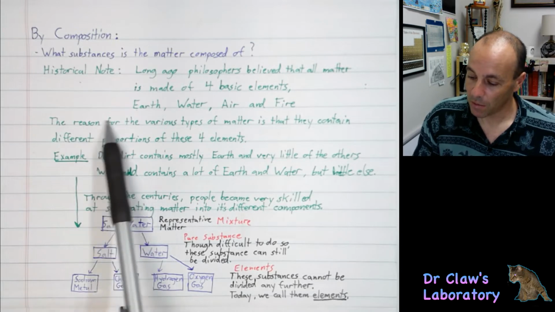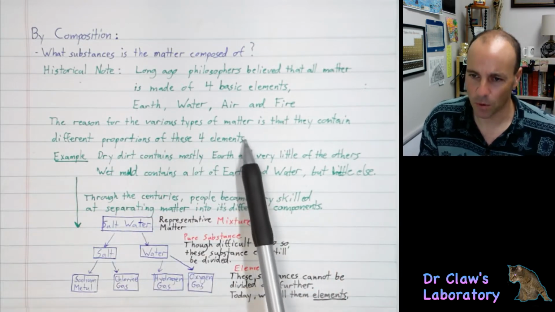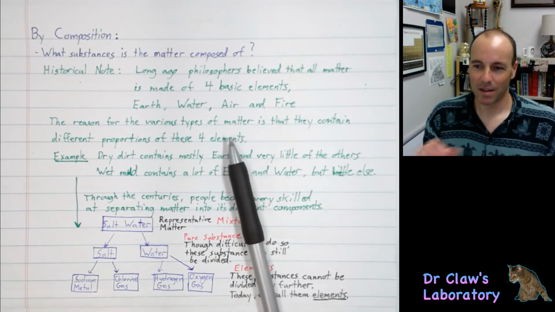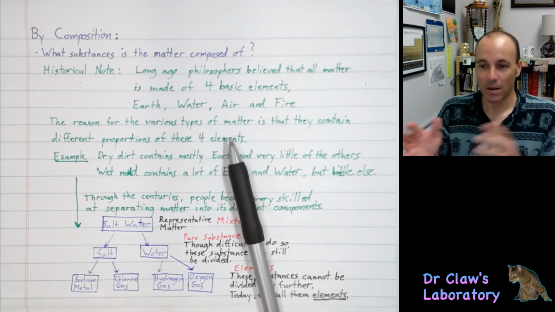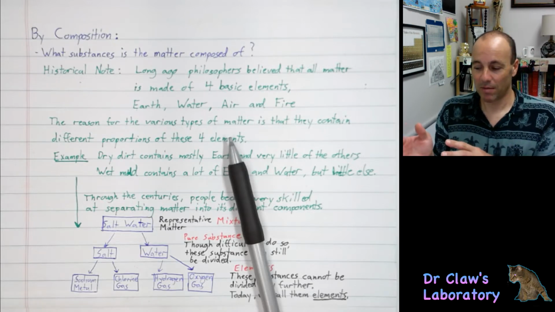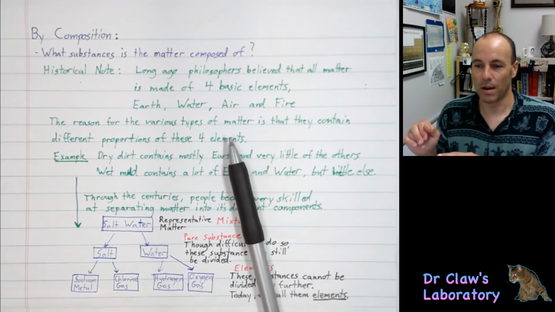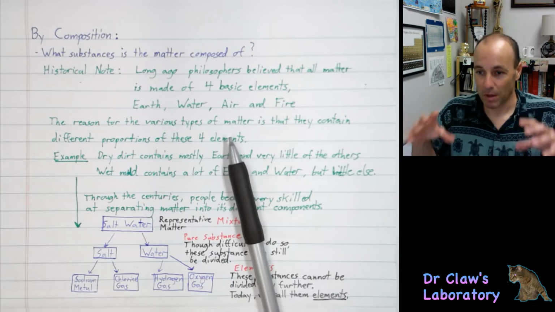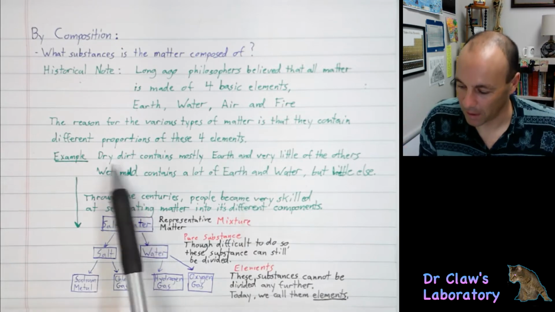And the reason for the various types of matter is they contain different proportions of these four elements. We just explained that. A tree would have mostly earth and a little bit of water, air, and fire. And then a bush might have mostly earth, and then maybe slightly different proportions of the water, air, and fire. And that's what made those two types of earths different.